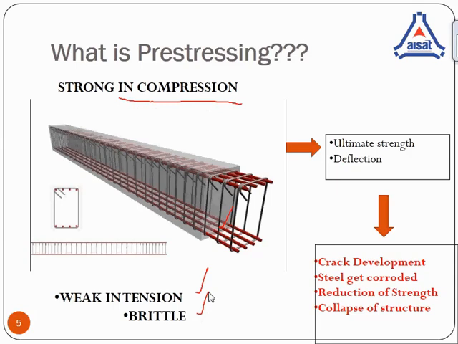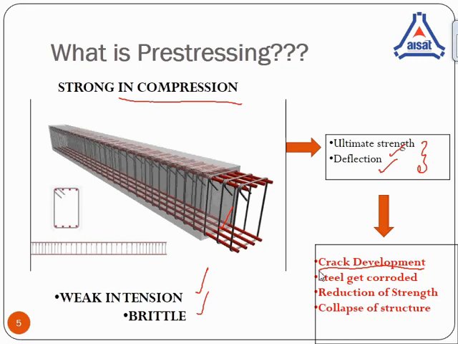While we design these reinforced concrete structures, two things are kept in mind. The first one is the ultimate strength and the second one is deflection. Before the failure of any structure, one thing is always common, that is the development of cracks.